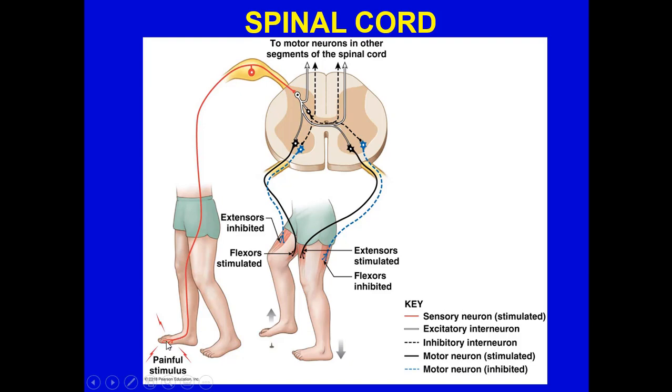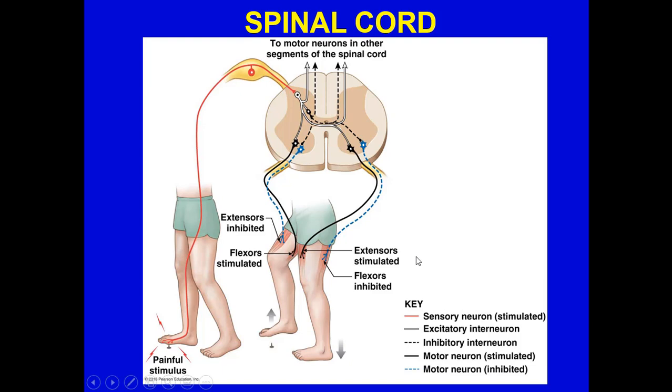But what happens is you take the initial same side and have it withdrawn. The flexor is stimulated to pull the foot away from the painful stimulus, and the extensor is inhibited. That's the same side. What about the other side?